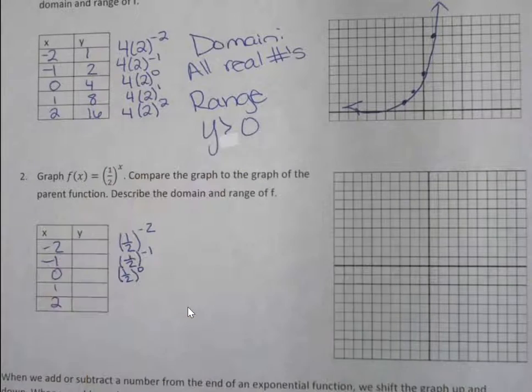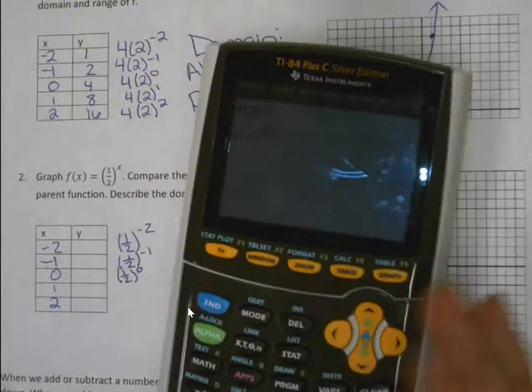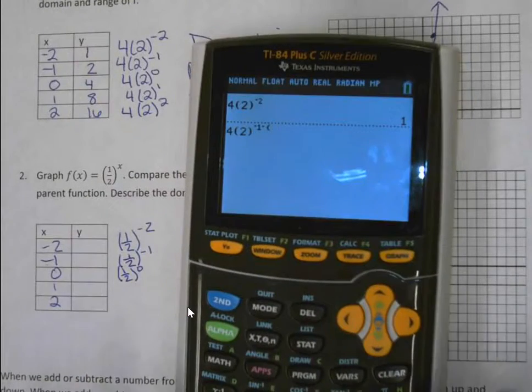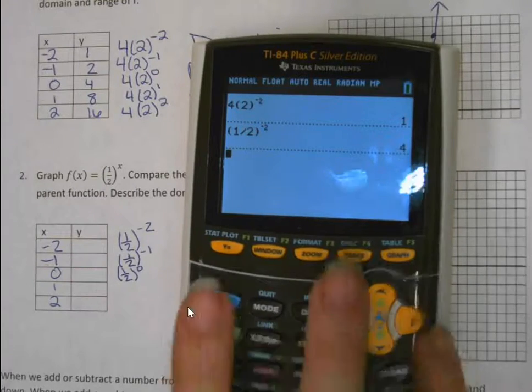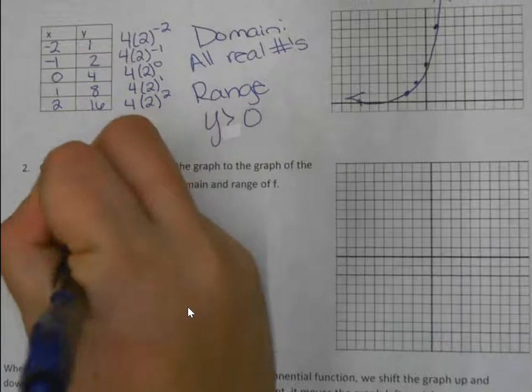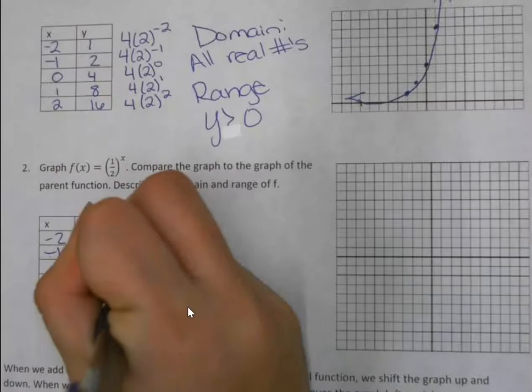So on the calculator, I do the parentheses, and then I do 1, just divide. Yep, 4.